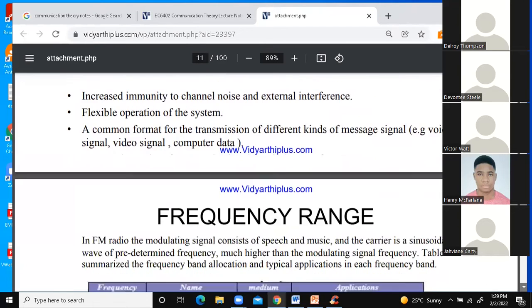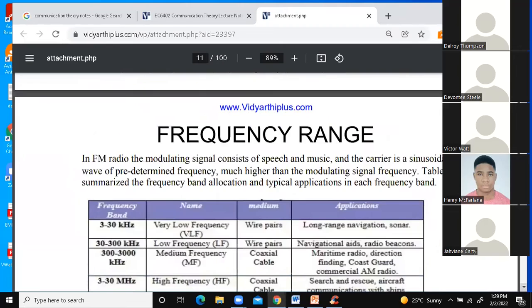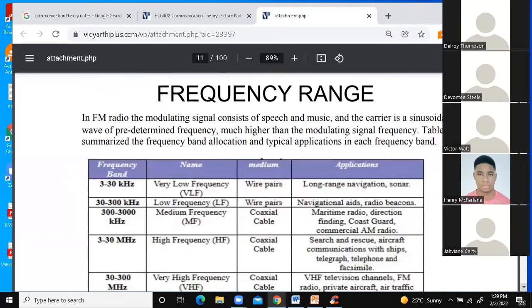Okay. Let us now look at the frequency range for different kinds of transmission. FM radio.